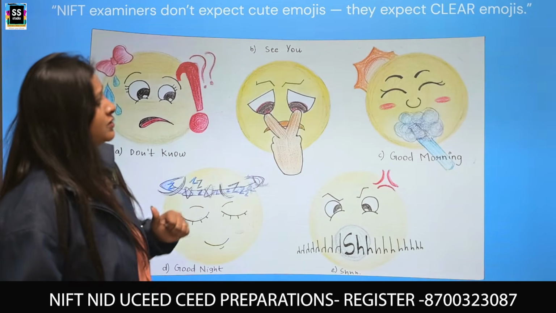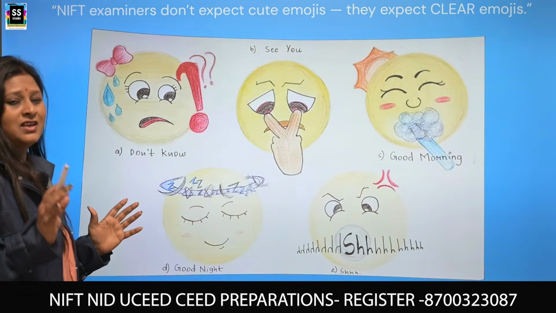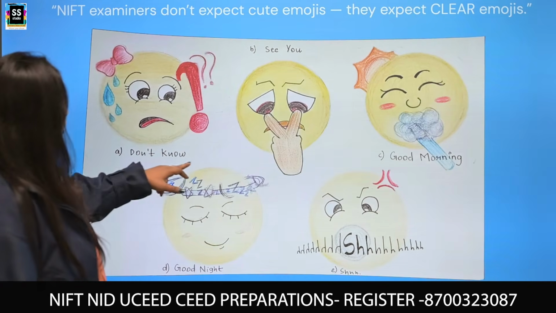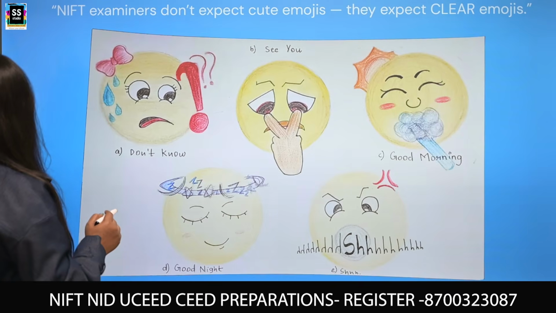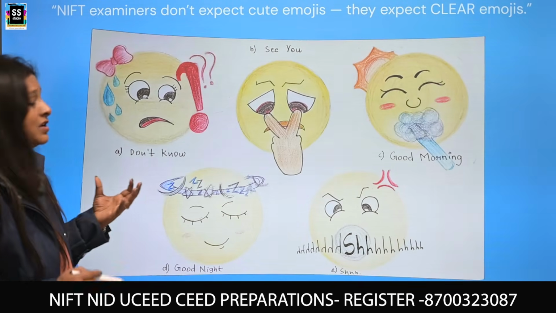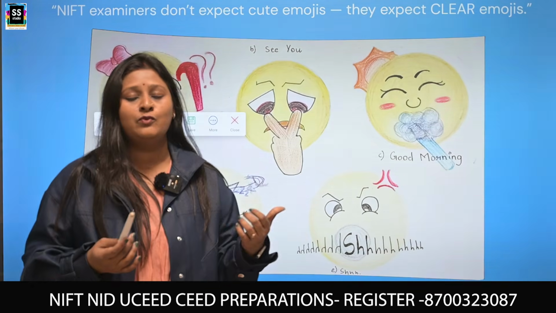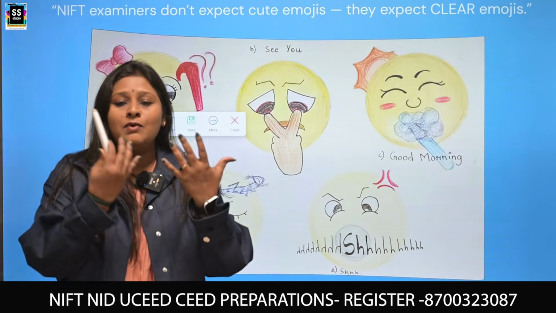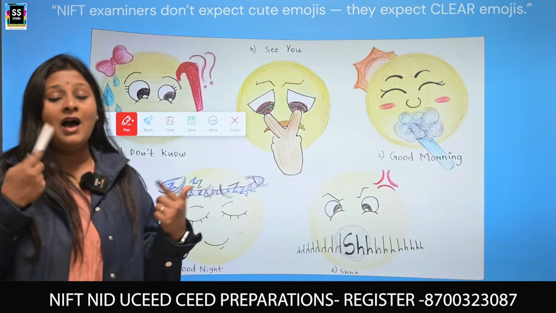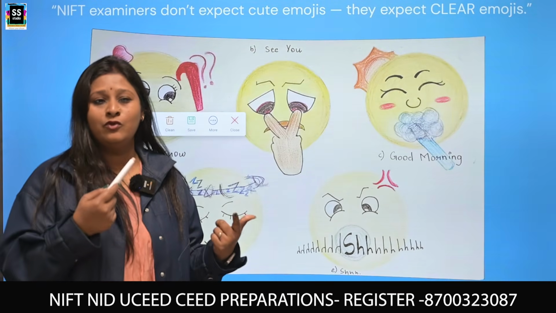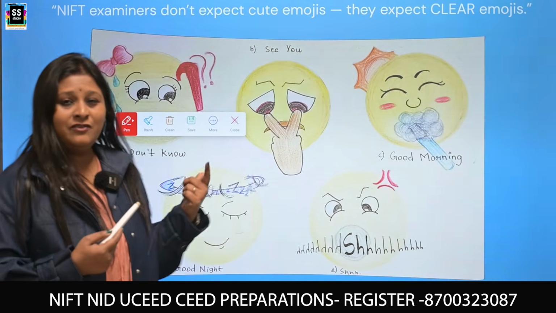This is one of the possible solutions of that emoji question that was asked in 2021, I guess. Don't know, you can see the question mark. You can see the eyes expression. Usually in these types of questions, you need to think about how you react in a certain situation, how your eyes are moving, how your lips are moving, how your eyebrows are lifted up.